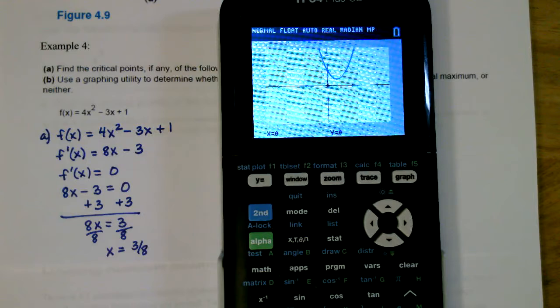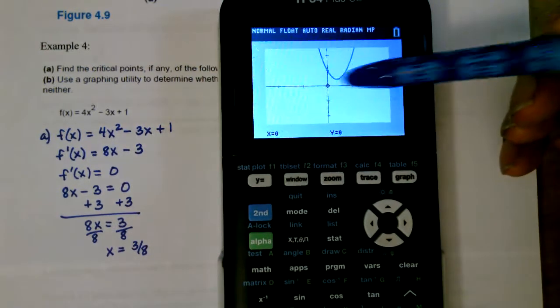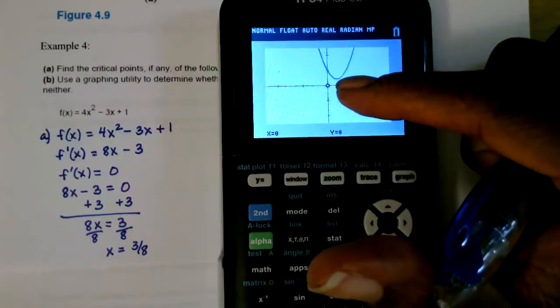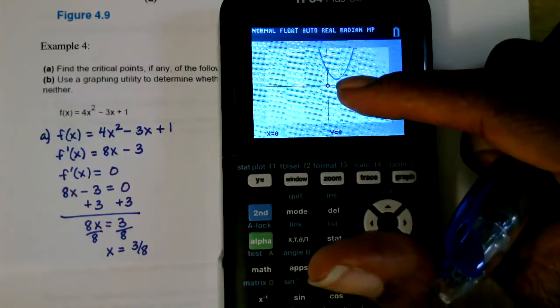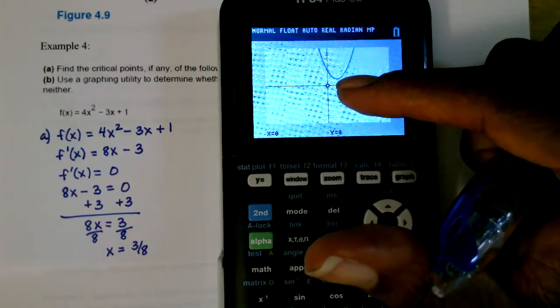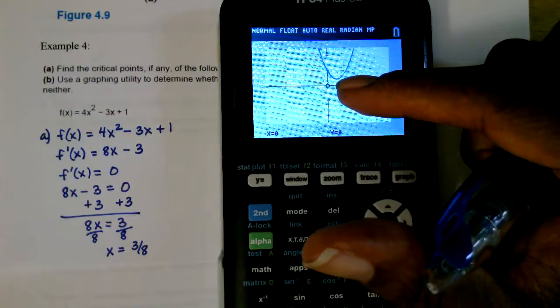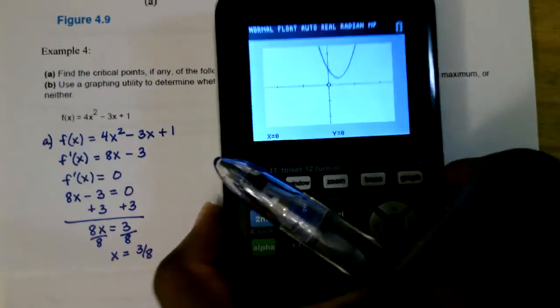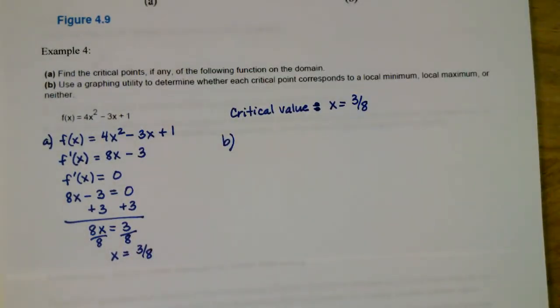All right. So that x equals 3/8, I'm assuming that's going to be this lowest point on the graph that you see here. That corresponds to a local minimum, okay? Because that's going to be the lowest point before it starts going back upward.